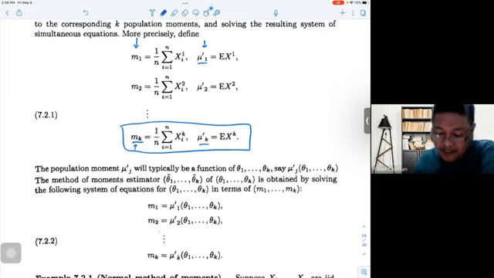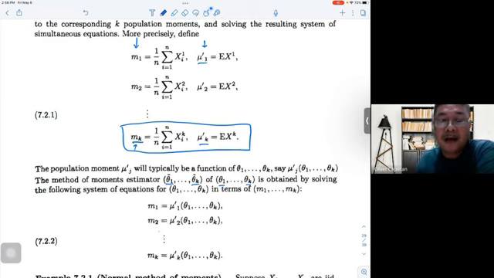So the method of moments estimator of theta sub 1 is theta sub 1 tilde. It's not a hat. A tilde refers to the method of moments estimator. So for theta sub k, the method of moments estimator is theta sub k tilde.